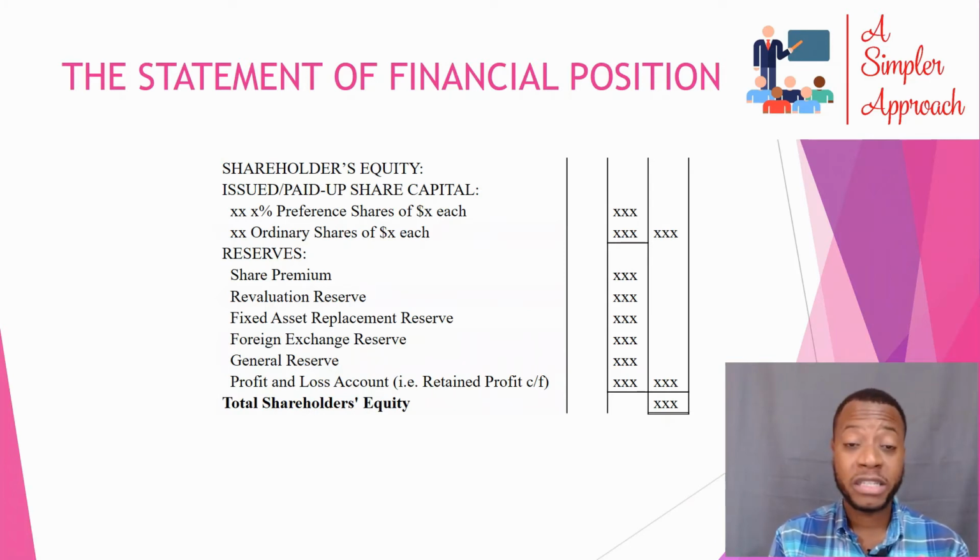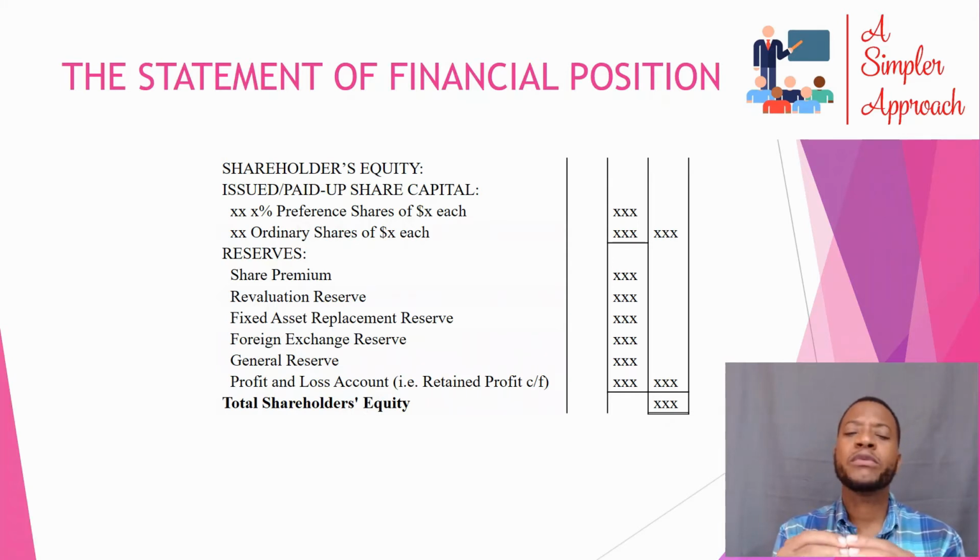All the reserves that the company has are placed right there, along with the retained profits carried forward that were calculated at the end of the appropriation account. Okay, so all those figures are placed there, added in the middle, brought over to the right, which is then added to issued or paid up share capital, which gives the total shareholders' equity.